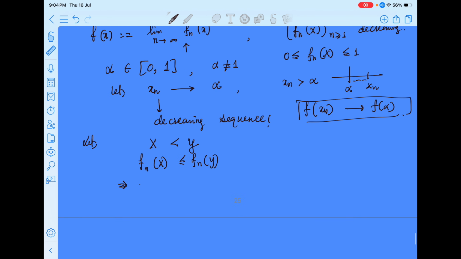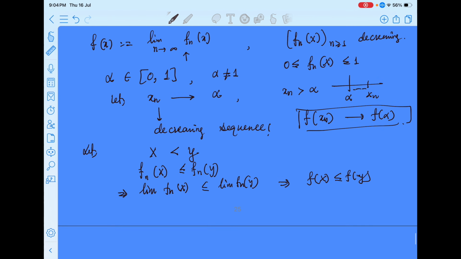If you then take the limit, f_n(x) is less than or equal to the limit of f_n(y), and this will imply f(x) is less than or equal to f(y). So the function f is also increasing, right?